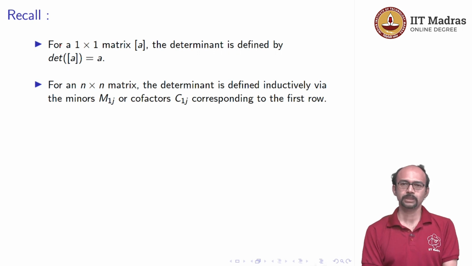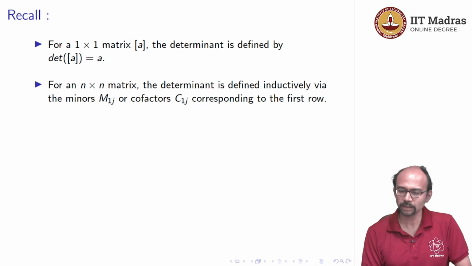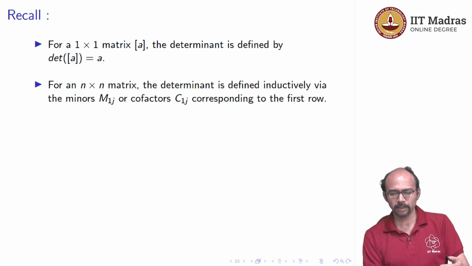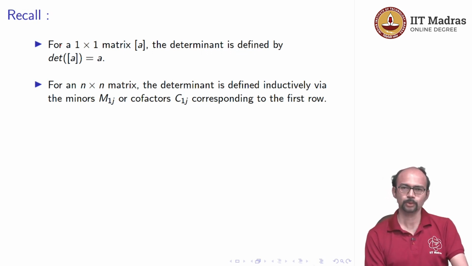And then we said that in general we use the minors or cofactors corresponding to the first row in order to define the determinant. So, that means the idea is if you know how to define the determinant for n minus 1 by n minus 1 matrix, then you can use this procedure to get it for the n by n matrix.